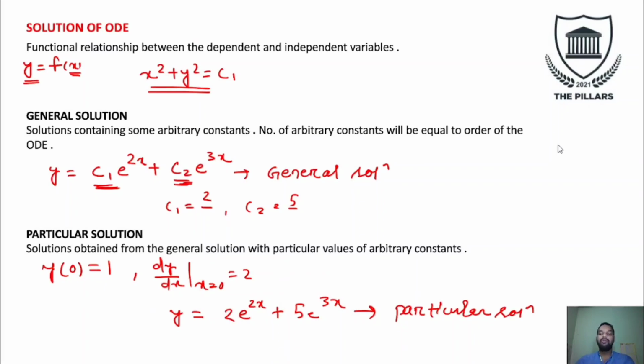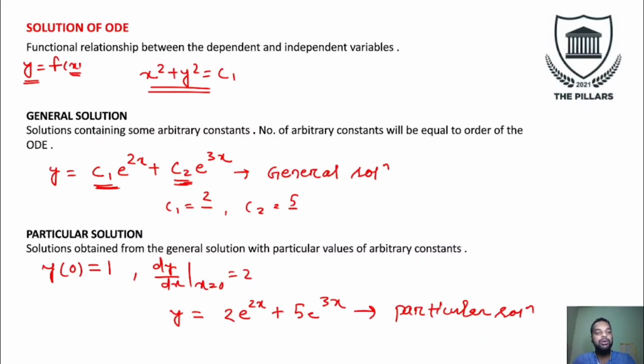So basically, the solution of an ordinary differential equation gives us the relationship between dependent and independent variables. The general solution has some arbitrary constants, the values of which we don't know. Unless we are given some initial conditions, we cannot find these arbitrary constants.